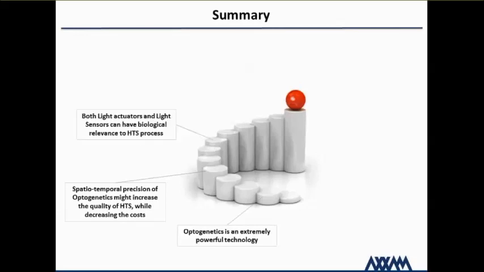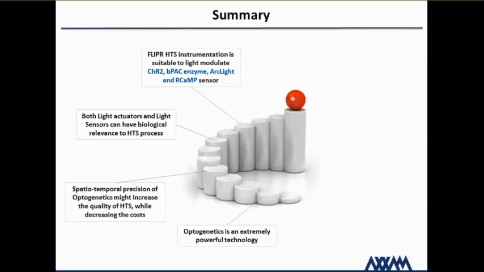By the use of both light actuators or light sensors to modulate and measure biological processes in a precise and more physiological way, optogenetics might elevate so much the content and overall quality of the HTS process, opening new unexplored possibilities to identify active drugs. So our work showed that different optogenetic tools can be well expressed in recombinant systems, showing good functional data also in stable pure clones.